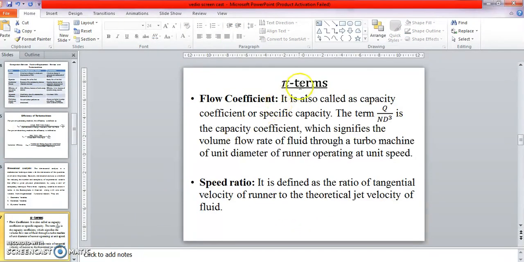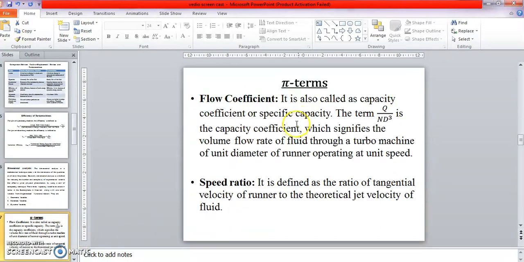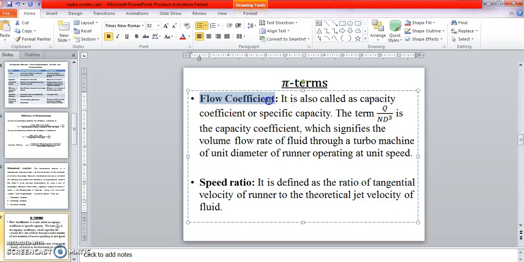So coming to the pi terms. Coming to a pi term, the coefficient is defined as the specific capacity.